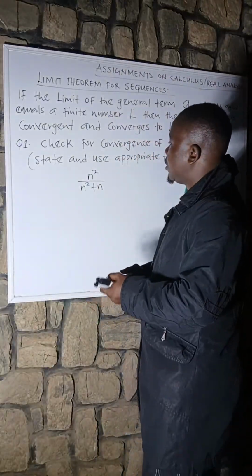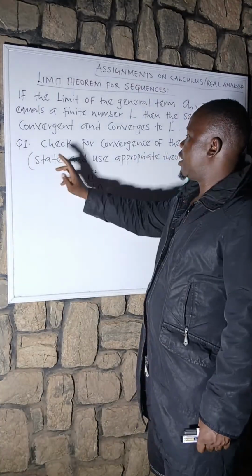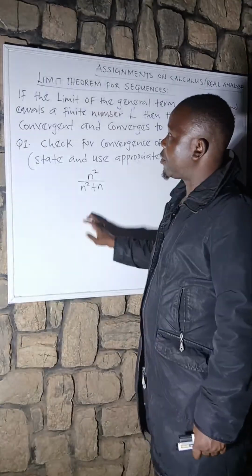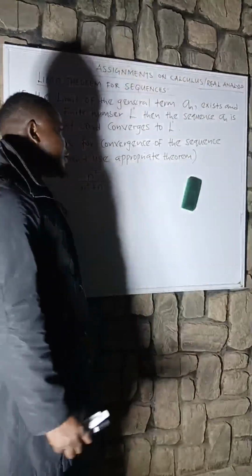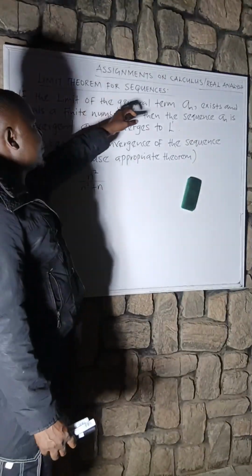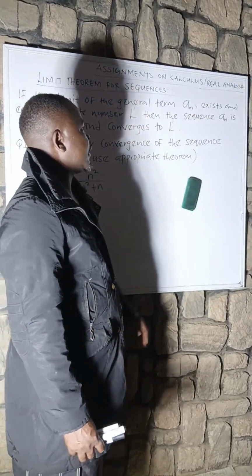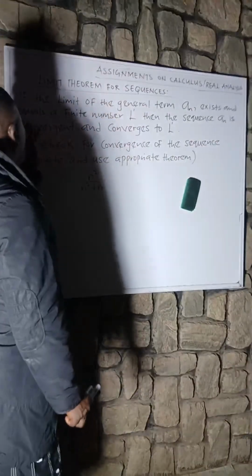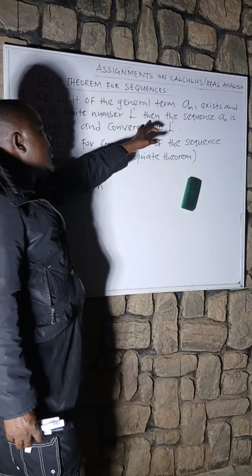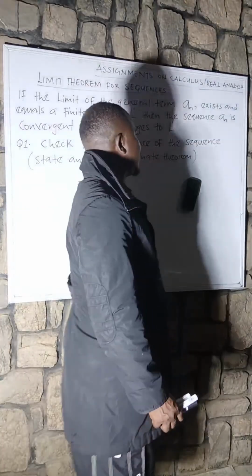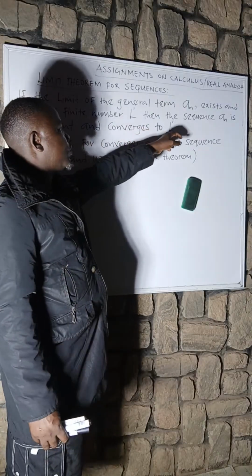Now we want to look at, according to the question, check for convergence of the sequence, state and use appropriate theory. The appropriate theory is stated here: if the limit of the general term a_n exists and equals a finite number, that is a limit, then the sequence a_n is convergent and converges to the limit.